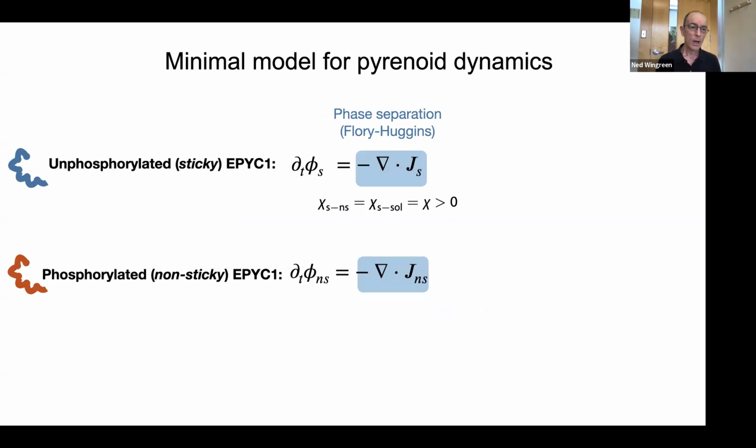We can have an equation for the unphosphorylated, that's the sticky form of EPIC 1, a partial differential equation in space, a corresponding equation for the phosphorylated, that's the non-sticky form of EPIC 1.